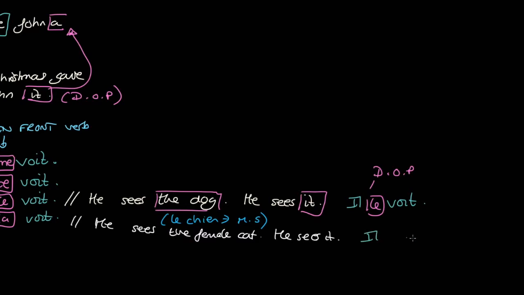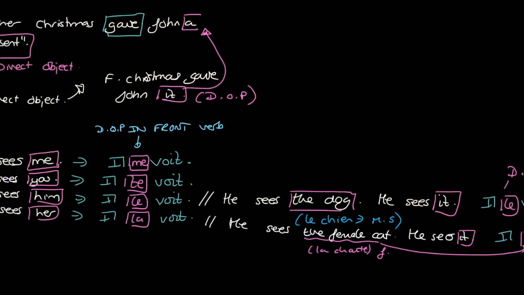So il la voit, and it is replacing this female cat here, which is la chatte, which is feminine, of course. So il la voit. It being la it this time, because what the it is referring to is the cat, which is a feminine cat.